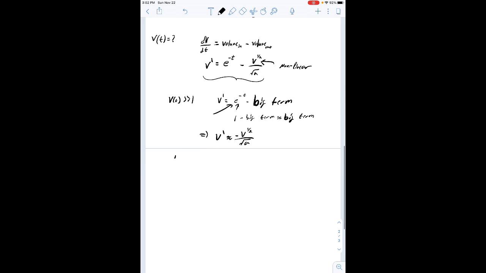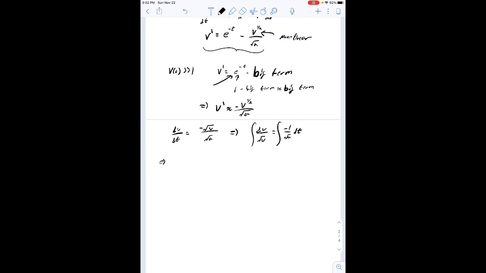So now we get dv over dt is equal to negative root v all over root a, and then we get dv all over root v is equal to negative 1 over root a dt. So we can just slap an integral on each side. So that goes to 2 times v to the positive 1/2 equals negative 1 over root a times t.